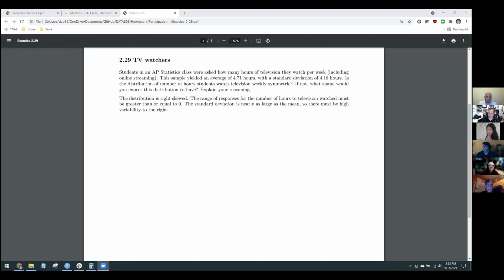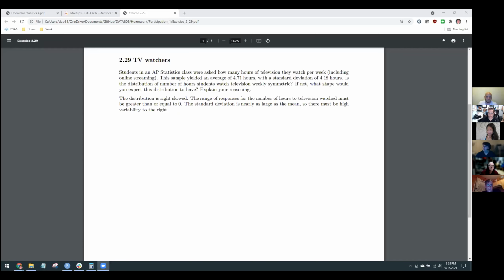Mine's really quick. So this problem said that they pulled some students in a statistics class, this is high school AP statistics, and asked them how many hours of television they watched in a week. The sample yielded 4.71 hours as the average, with a standard deviation of 4.18, and it asked what shape the distribution would be. They can't have said that they watched less than 0 hours.